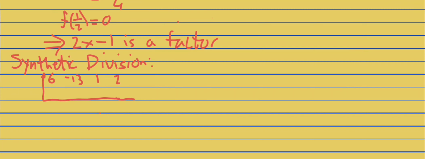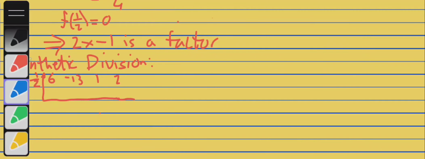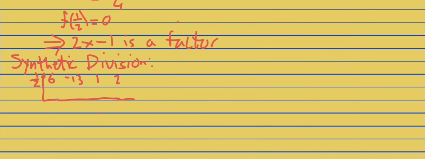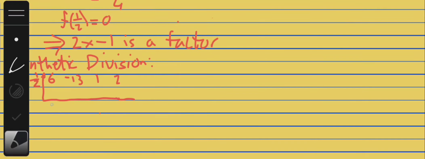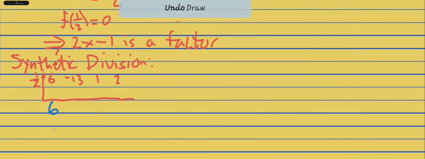Now the value of x which made that polynomial equal to 0 is still 1/2. So we write 1/2 there. Remember, we drop that first value from the box below, so 6. Now we take that 6 and multiply it by the value outside the box, half. 6 times half is 3.